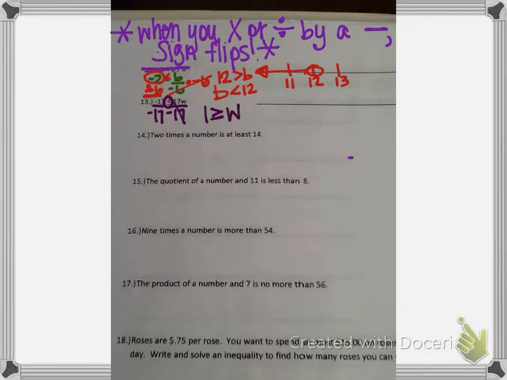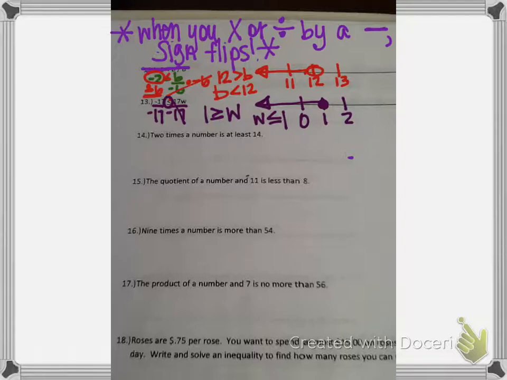And now to graph it, w is less than or equal to 1. So I have a closed dot going to the left. So the only thing that you have to remember about inequalities is that when you multiply or divide by a negative, our inequality sign flips.